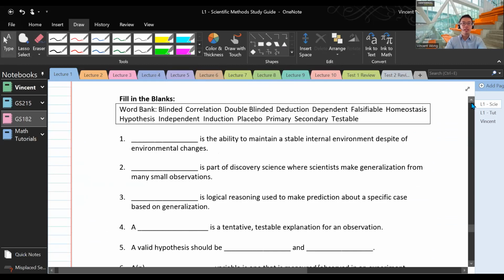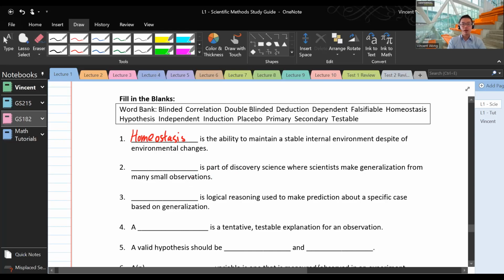Okay, first question. Something is the ability to maintain a stable internal environment despite environmental changes. That is homeostasis. Okay. Part of discovery science where scientists make generalizations from many small observations.